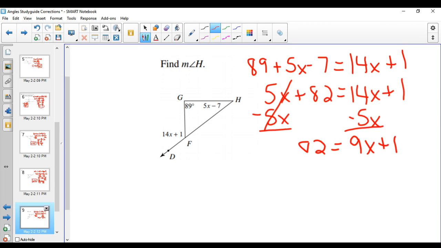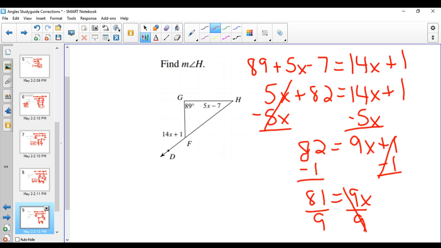And then 82, sorry, the 8 is not looking real great. So we have 82 equals 9x plus 1. Subtract 1 from both sides. 82 minus 1 gives us 81. Divide both sides by 9. So we get x equals 9.